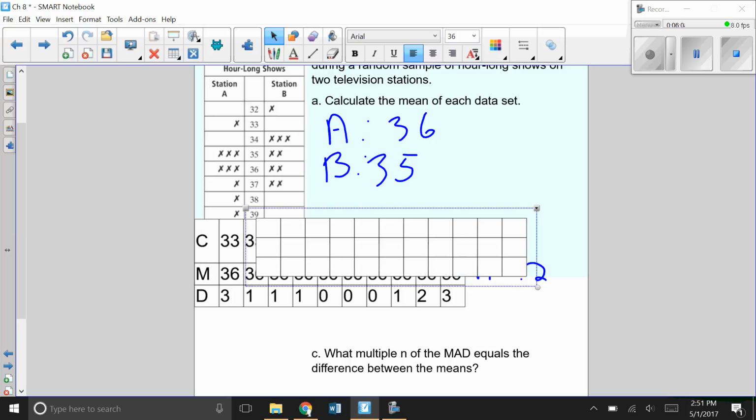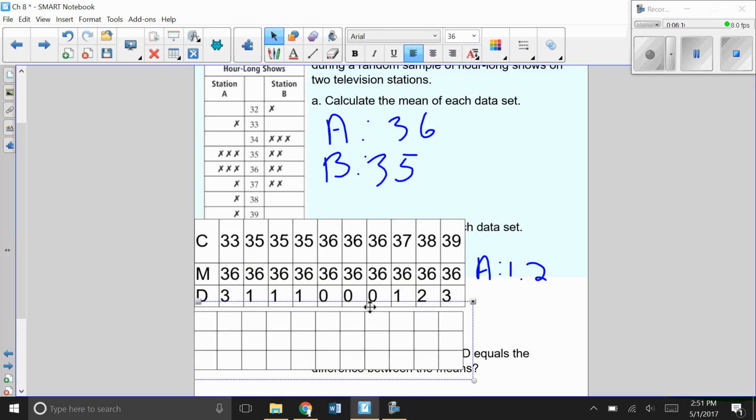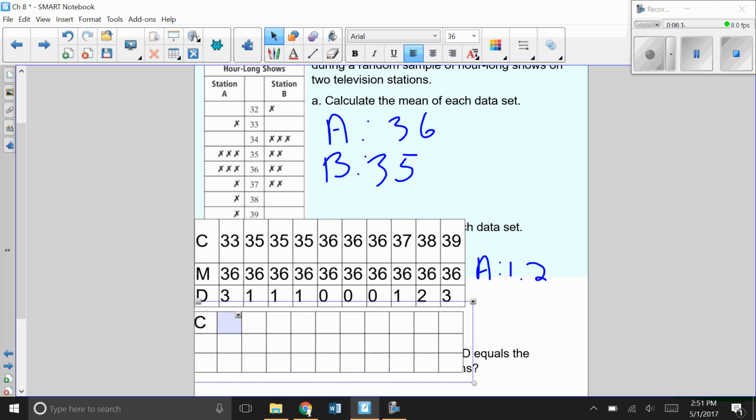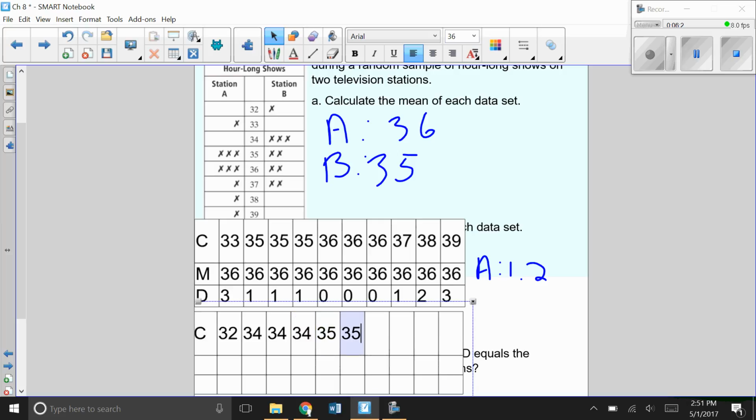Now we should do the same thing for station B, with an 11 by 3 table. We have the number of commercials: 32, 34, 34, 34, 35, 35, 36, 36, 37, 37. The mean across the middle is 35 on this one.